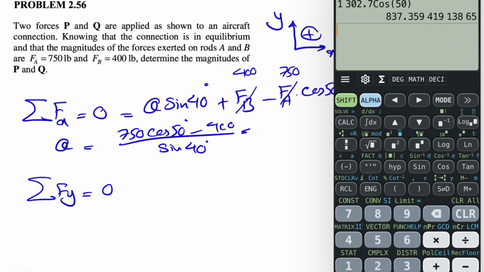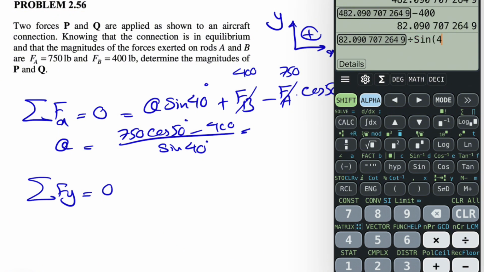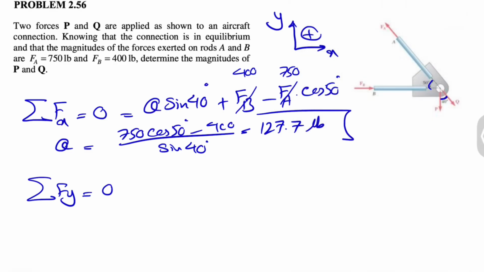Let's calculate this: 750 cosine of 50 minus 400 divided by sine of 40. That's going to give us 127.7 pounds. So we found our Q.